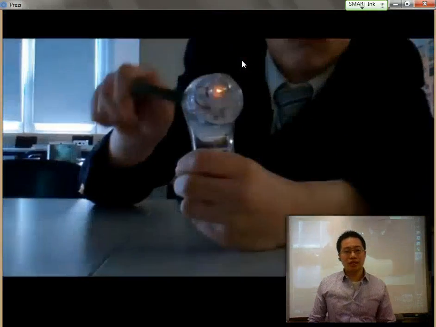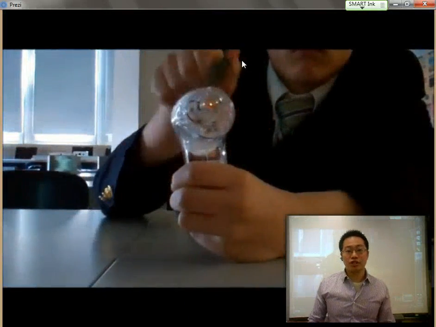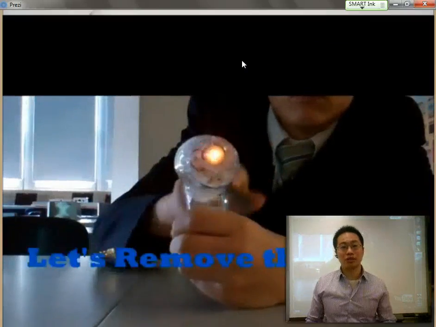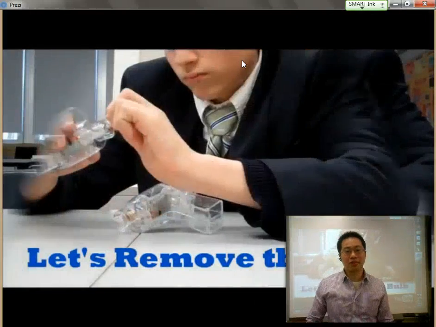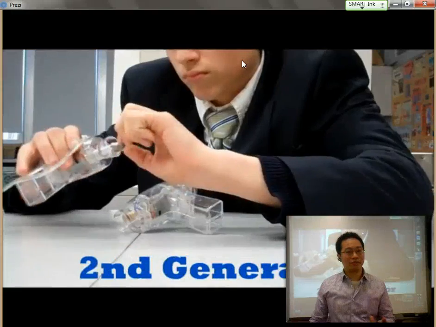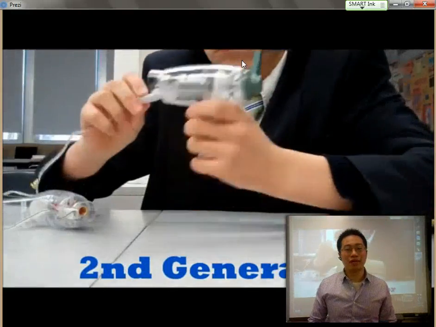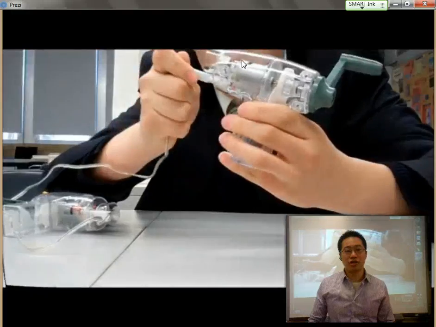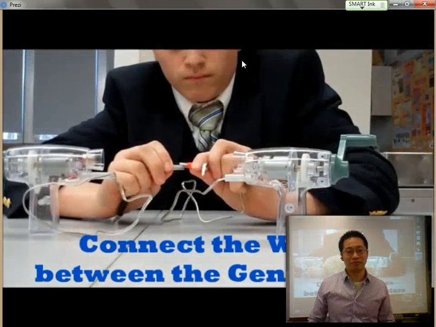And here we can see mechanical energy actually being turned into electrical energy. But what's more interesting is when he connects it to a second generator. Now watch.